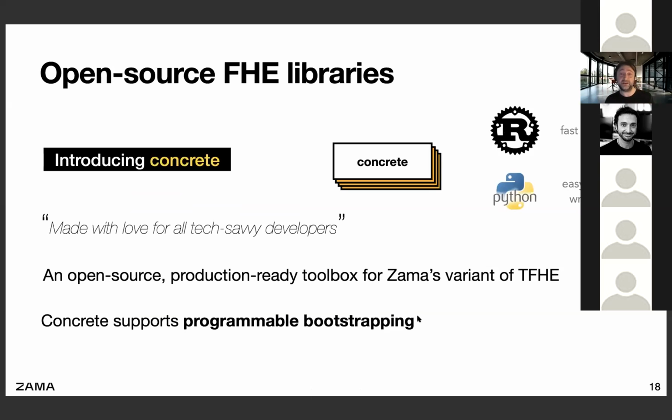So what we're introducing today is a new library, called Concrete, which was meant in the spirit of simplifying everything, so that people using Concrete do not have to really care about all these gory details that I was talking about. It's made with love for all of you who are tech savvy, but not necessarily cryptographic experts. It is written in Rust so that it's fast and reliable, and the library is meant to be production ready.